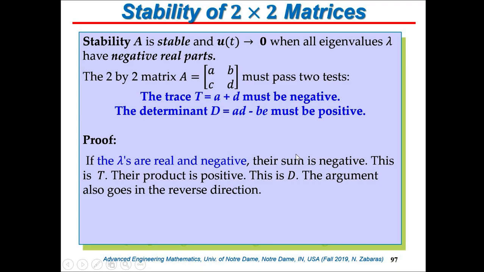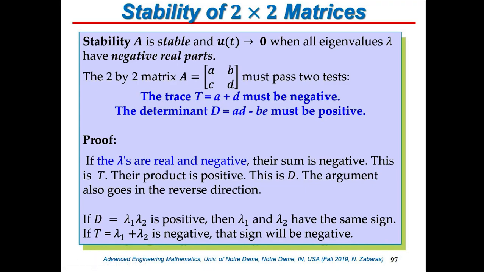And if you take the product of the eigenvalues, if they are both negative, the product is positive. The product is also the determinant, and that takes care of the second statement. And you can prove the opposite as well. If the determinant, which is the product of lambda 1 and lambda 2, is positive, then lambda 1 and lambda 2 have to be either both positive or both negative.